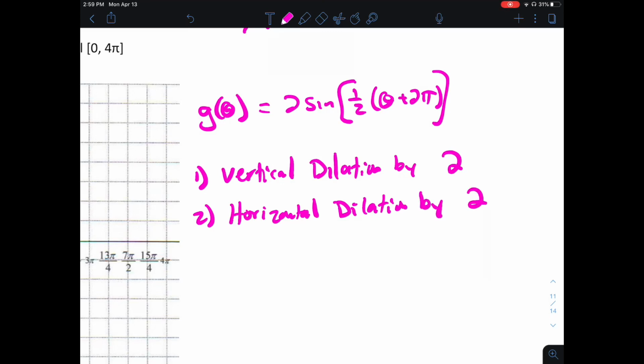It's the reciprocal of that number. And then we also have to translate this graph left, horizontal translation left by 2 pi.